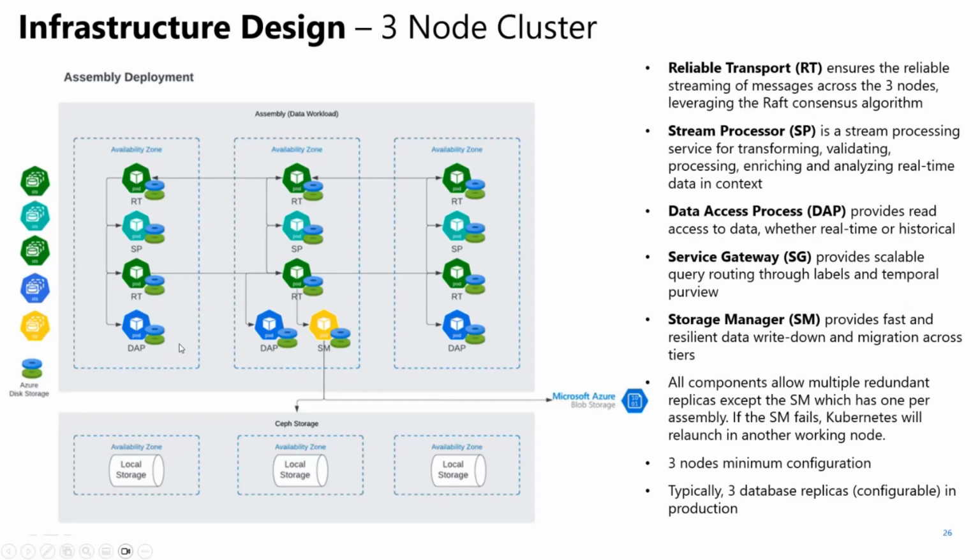Then you have the storage manager. The storage manager will only run and be active on any one node at a time. However, if a storage manager fails for a reason on a specific availability zone, maybe even the zone crashes, then that storage manager will start up within one of the other availability zones.